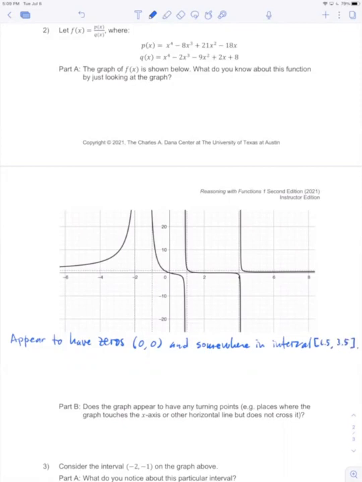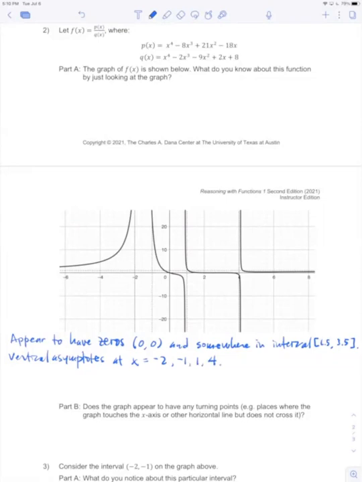Also, by looking at this, vertical asymptotes: x is equal to, let's see, I'll just go from the left and go to the right: -2, -1, 1, and 4.